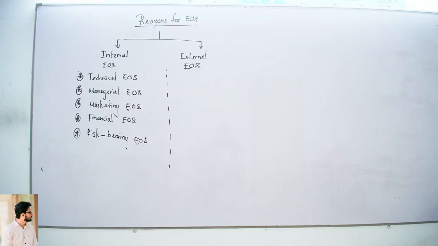External economies of scale are advantages for large scale firms in the long run from expanding the entire industry itself. On the internal side, there are 5 main sources creating economies of scale.